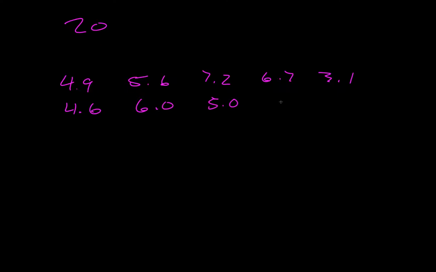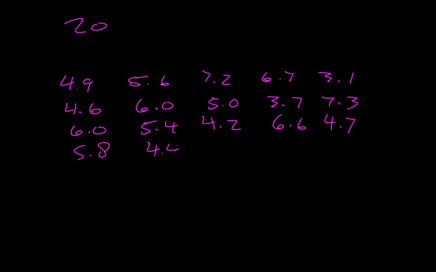I'm going to write these down. It's formatted slightly different in your book. And one more row: 5.8, 4.4, 3.6, 4.2, 5.4. So once again, those are the lengths of lobsters measured in centimeters.